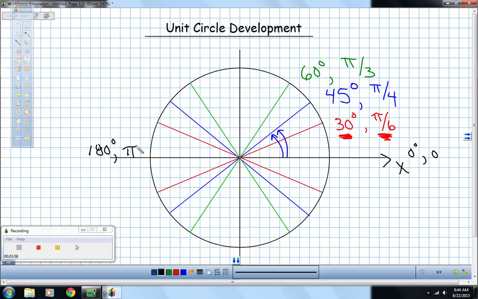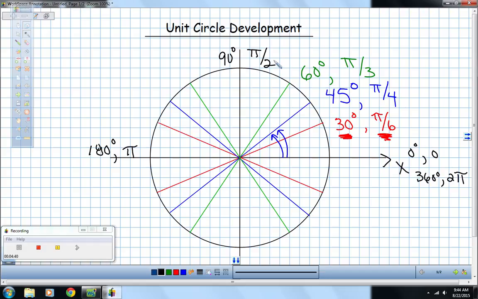If we made one full revolution around the circle, going counterclockwise, we know that is 360 degrees, or 2 pi radians. Knowing that halfway around the circle is 180 degrees or pi radians, then when we hit the quarter way around, the positive y-axis, we are at 90 degrees, and that is half of pi, or as we will refer to it, pi over 2 radians.